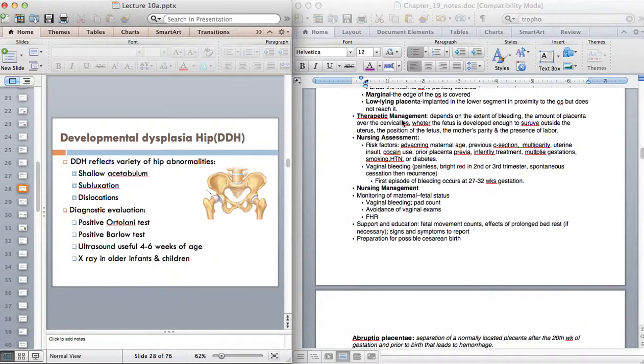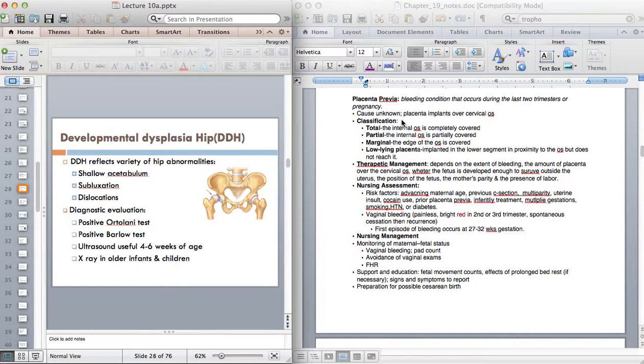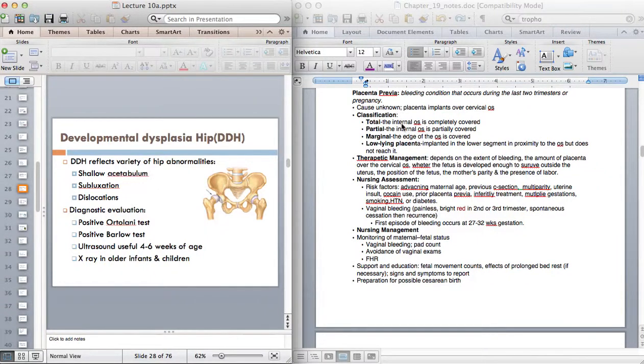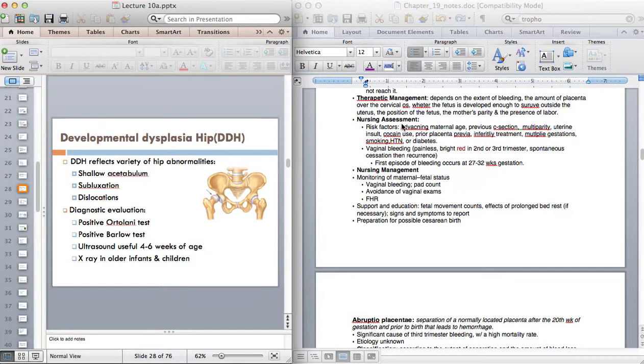You will also notice there is telescoping or pistoning of the hip joint, like when the child is moving, the head of the femur bounces out. You will see it protruding towards the side of the affected hip.